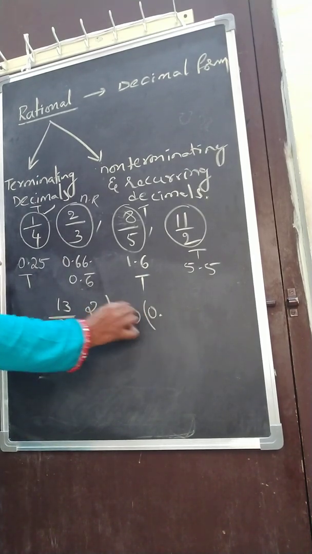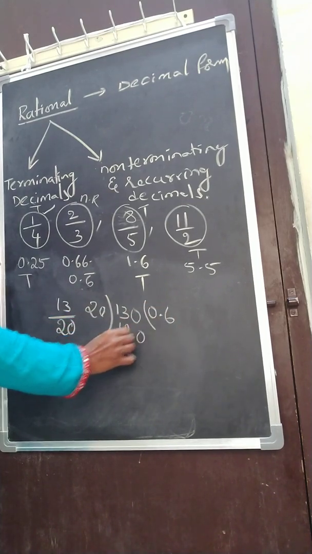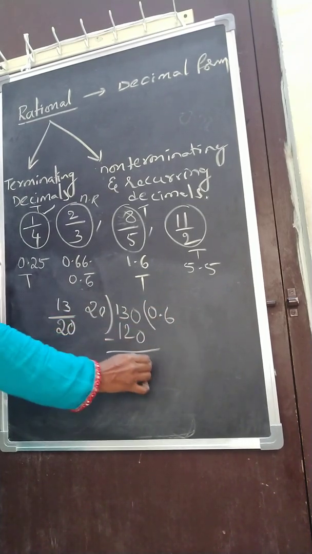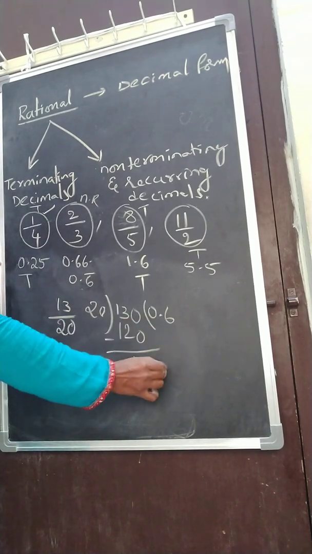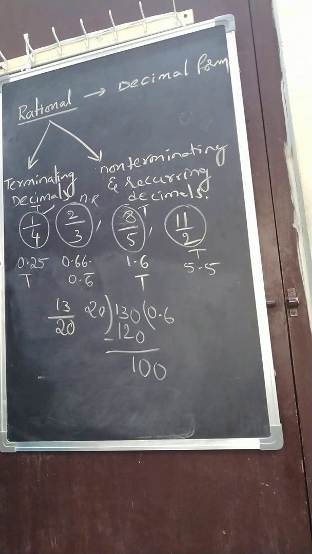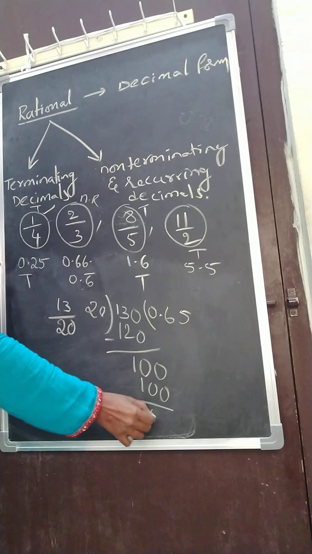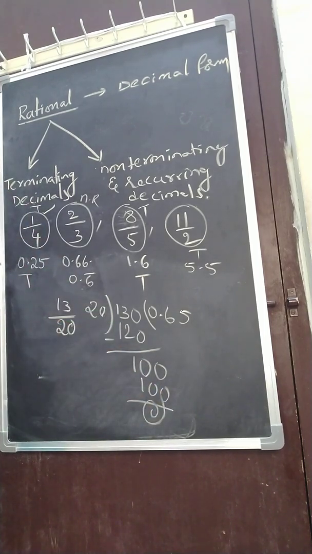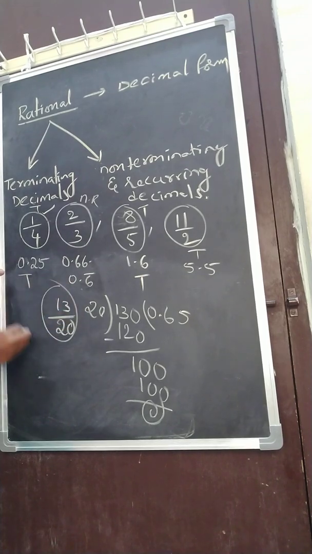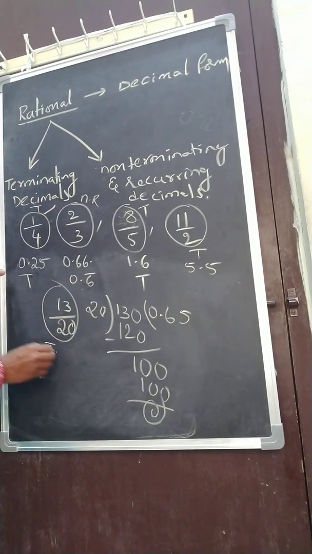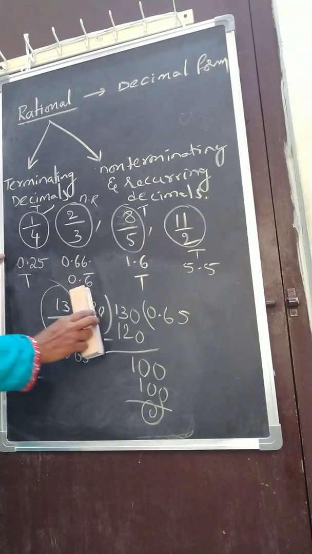Take decimal, 130. 20 6s are 120. 10 comes. Here, since the decimal point is there, we can take 100. 20 5s are 100. Remainder 0. So it is also a terminating decimal. 13 by 20 is a terminating decimal. The value is 0.65.